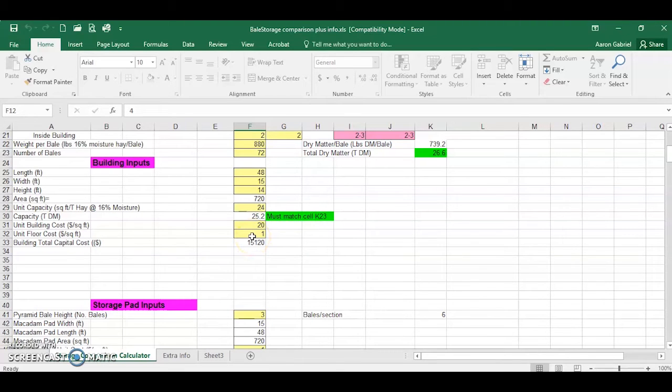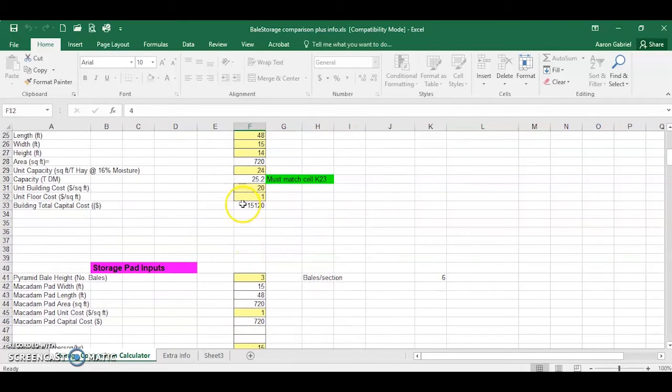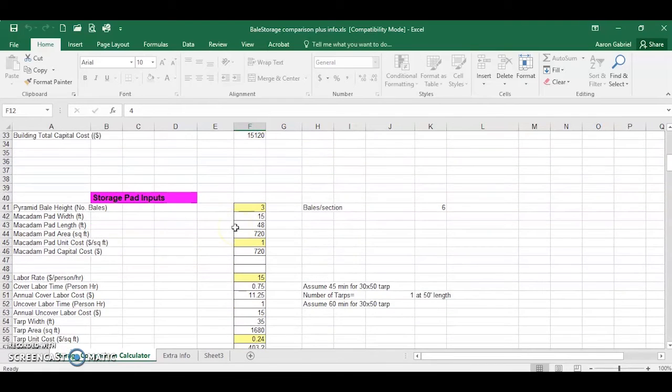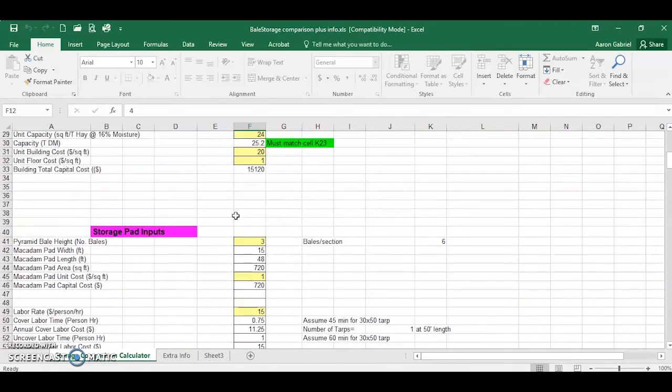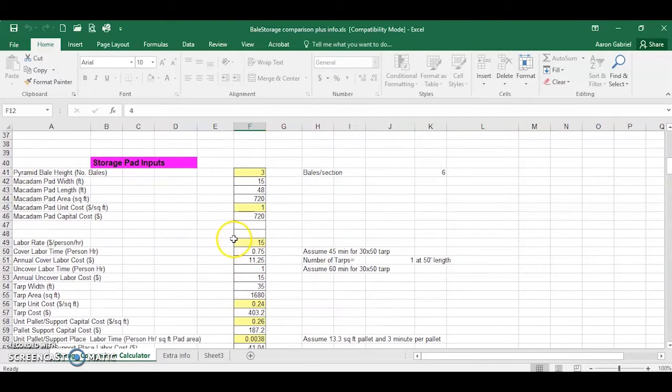This is 2020, and I talked to a local contractor here in the Hudson Valley, and his estimate for a 3-sided pole shed, 14-foot height with no improved floor or anything, to be $20 to $25 per square foot. So with that, it calculates your total building cost.